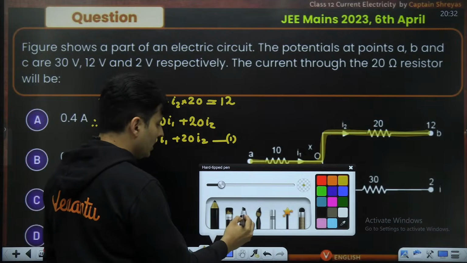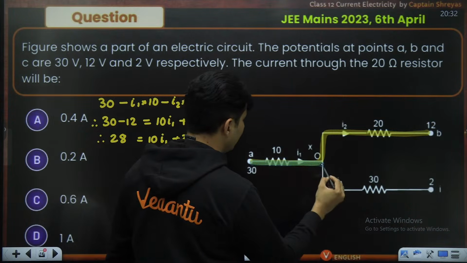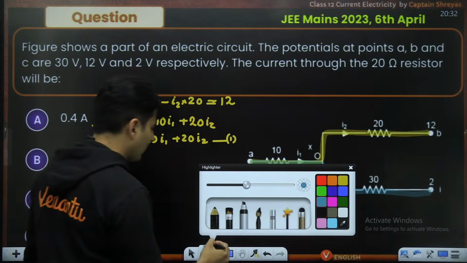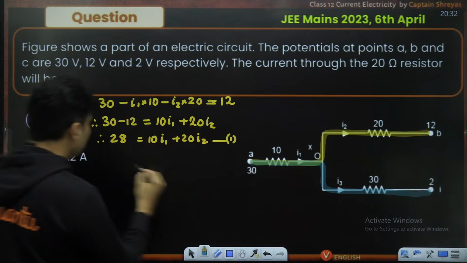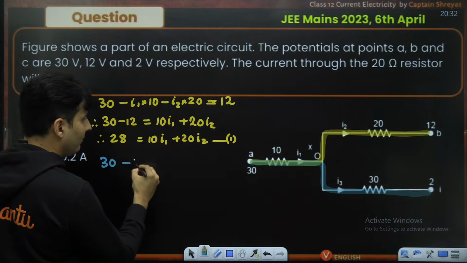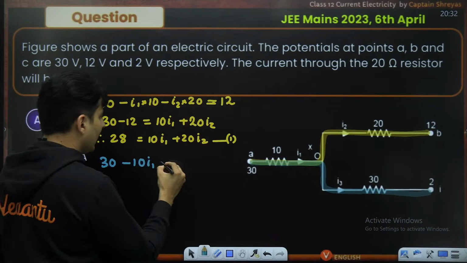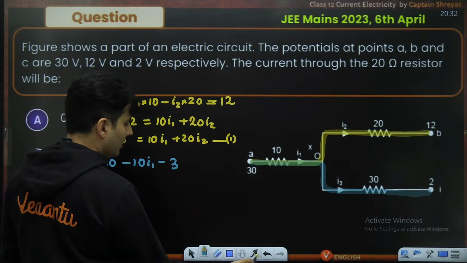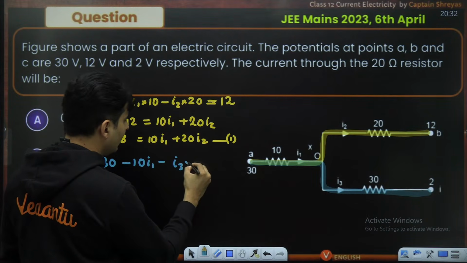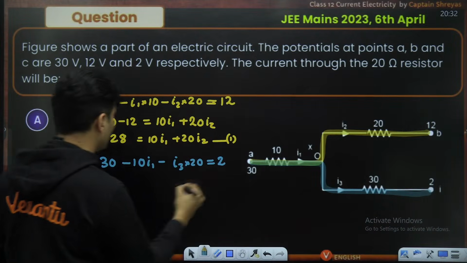Now what I do is I take some other path. Maybe I will go like this from here to here and then see what do I exactly get. Starting, I'm getting 30. From here to here, again a drop of minus 10 times of I1. From here to here, again a drop of I3 times of 20. And finally, I'm landing here where the potential is 2 volts.